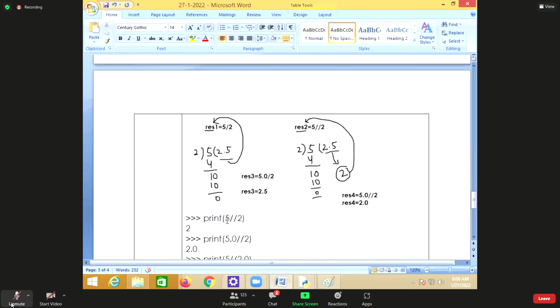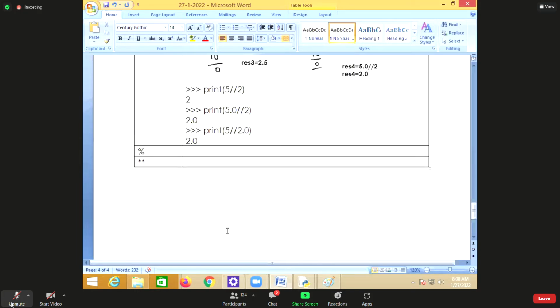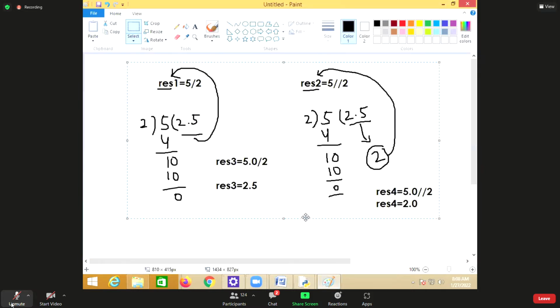Now this is very much useful. A best example is like this: suppose there is a number 456. I want to eliminate one digit from 456, the digit 6. What will I do?